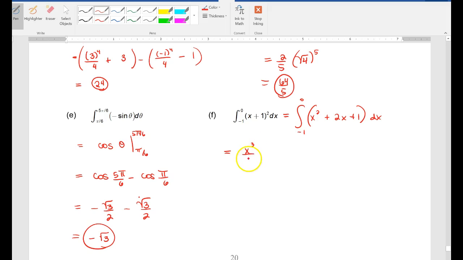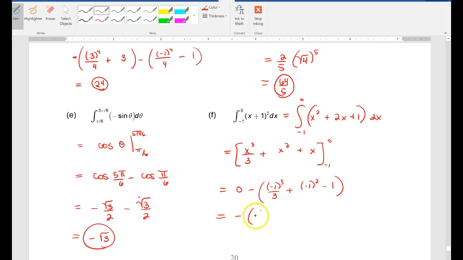So we get x cubed over 3 plus, so that's going to be 2x squared over 2, so that becomes x squared plus 1x. Okay, so if we evaluate the upper bound, that's just going to be 0 minus, now we plug in -1, so it'll become (-1) cubed over 3 plus (-1) squared plus -1, or minus 1.